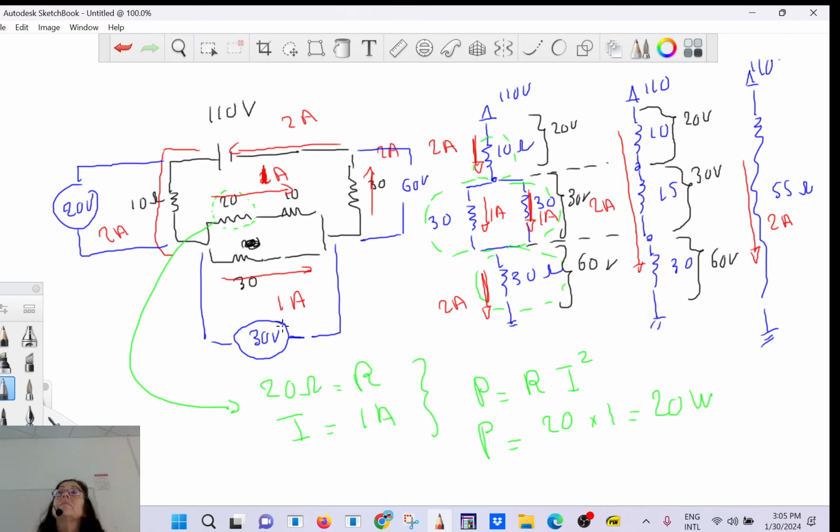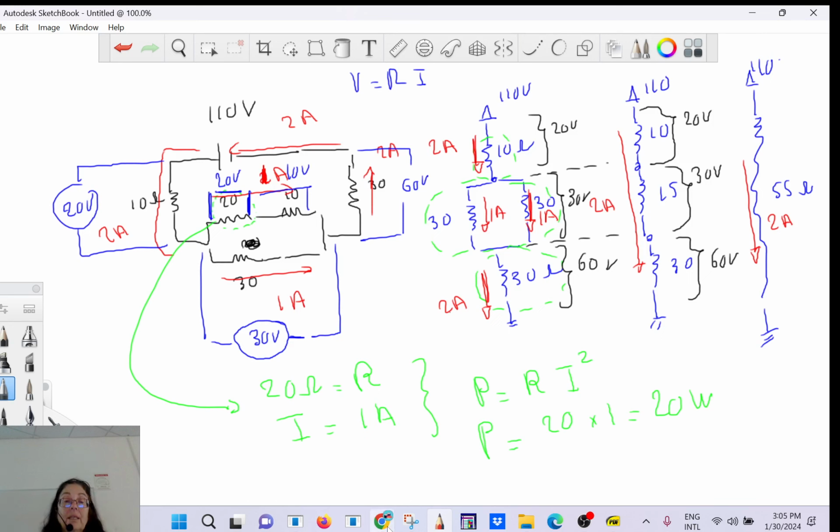Is that clear? That's it. Okay, so if I want to find the voltage drop here, it's going to be V equals RI, right? So it's going to be 20 volt. Yes? And around here, it's going to be 10 volt. Do you understand how it works?